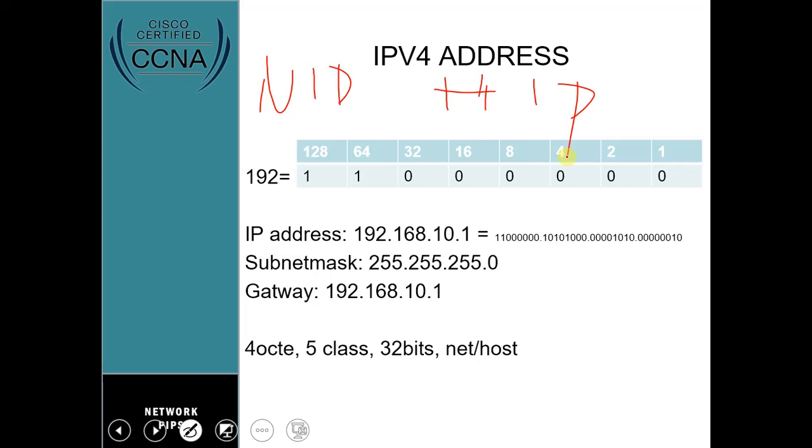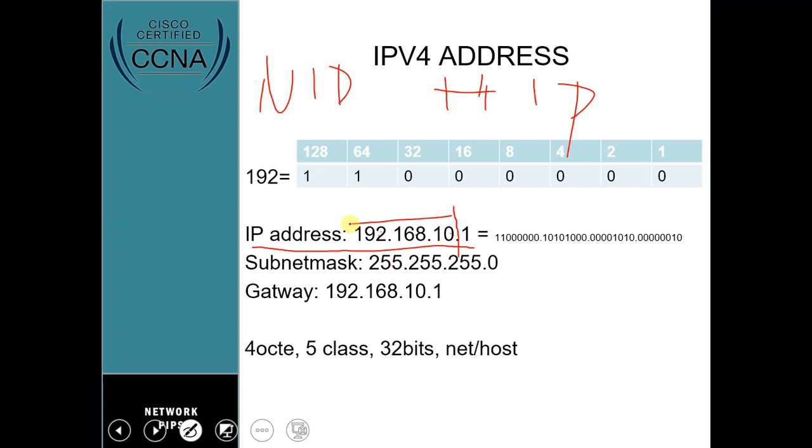So to determine the network ID of this particular IP address of this host, you will see where the 255 stops. That's what will be the network ID. This 255 stops at the third octet, which is this 123. So it's safe to say I can draw it like this.